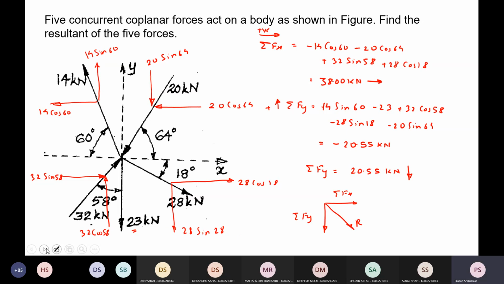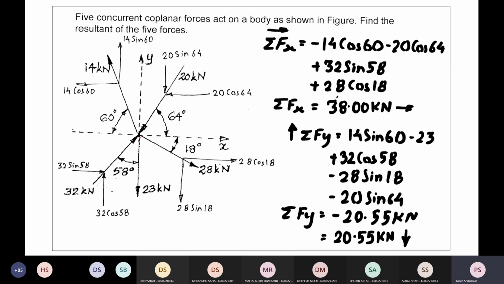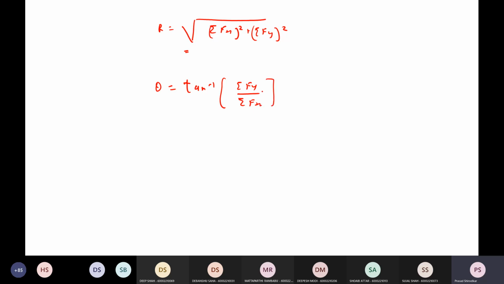Let's find out the value of this resultant. Resultant will be somewhere in the fourth quadrant. Let's calculate. So R is square root of summation fx square plus summation fy square, and theta is tan inverse of summation fy by summation fx.